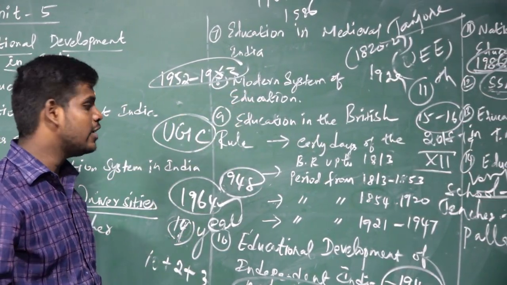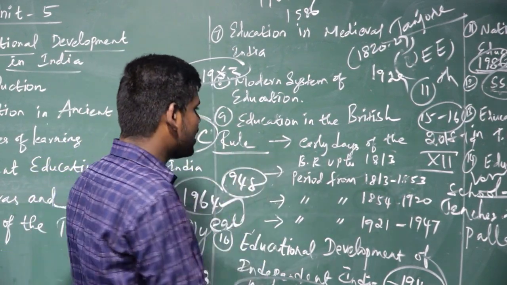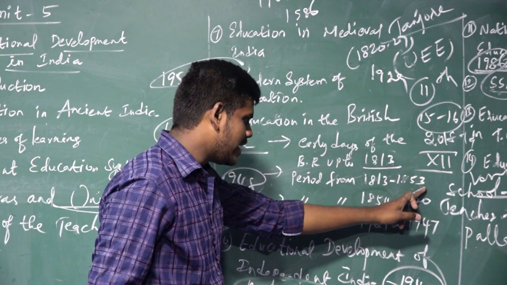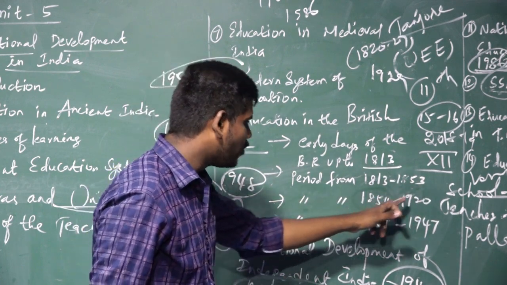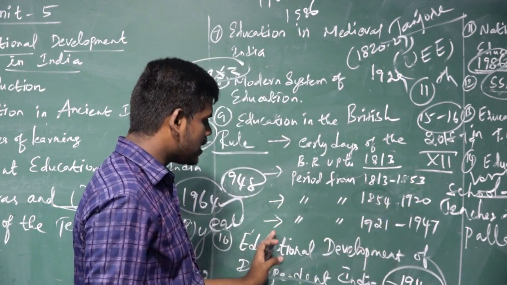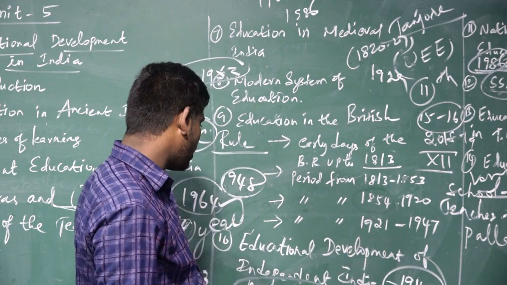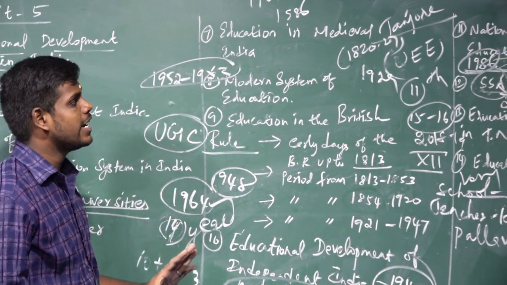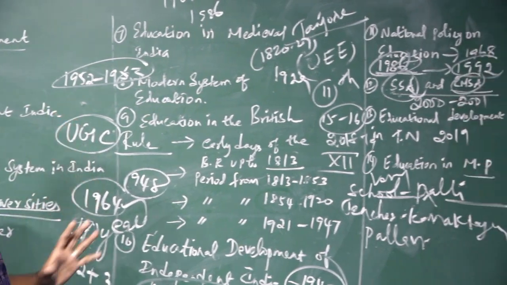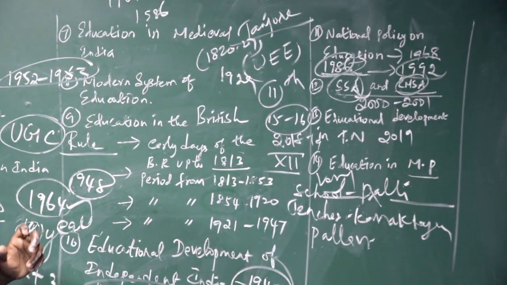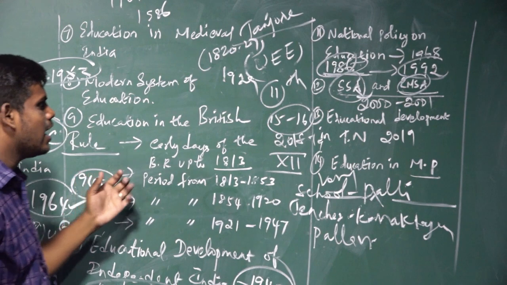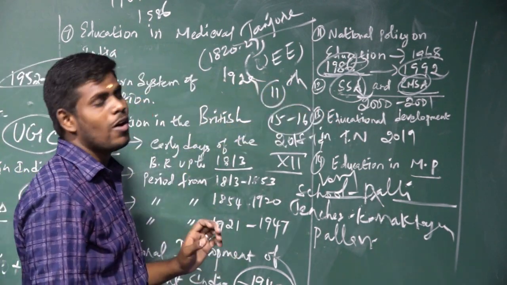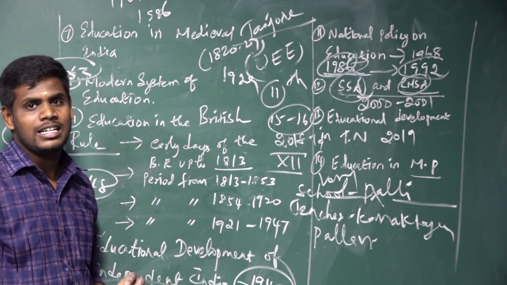Under British rule there were four periods: 1813 to 1853, 1854 to 1920, and 1921 to 1947. Then educational development after 1947, the national policy on education, SSA Sarva Shiksha Abhiyan, RMSA, and educational development in Tamil Nadu. Education in the modern period has been discussed.